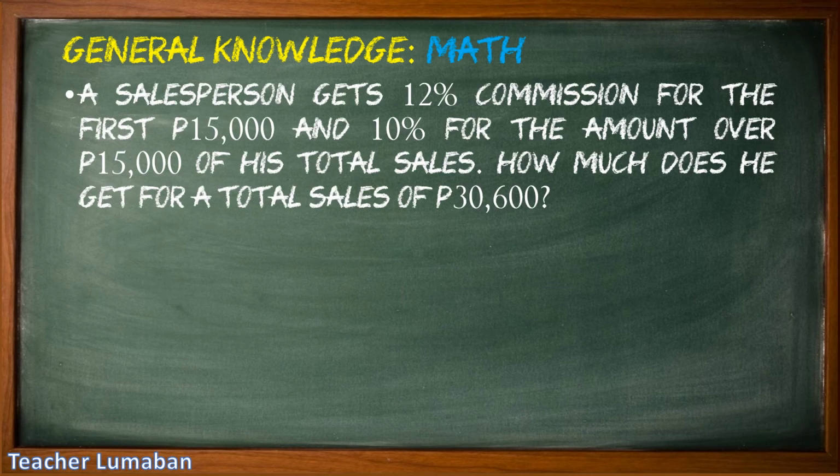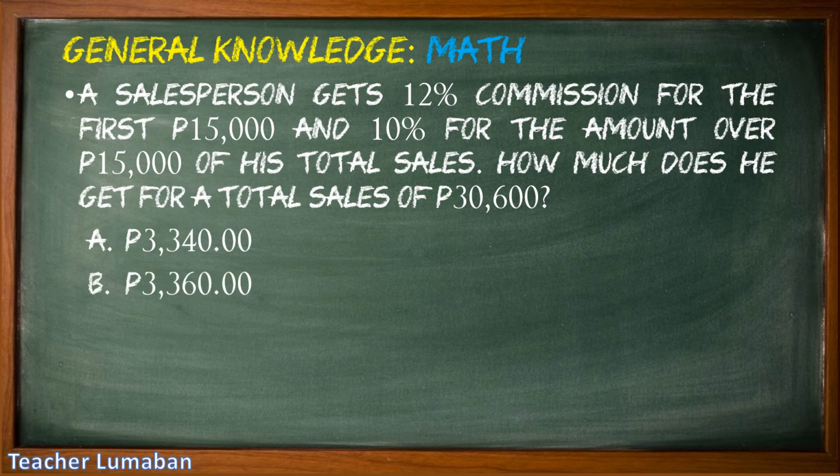A salesperson gets 12% commission for the first 15,000 pesos and 10% for the amount over 15,000 pesos of his total sales. How much does he get for a total sales of 30,600 pesos? Letter A, 3,340 pesos.